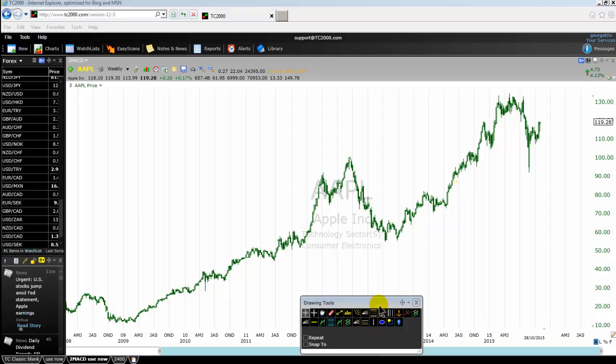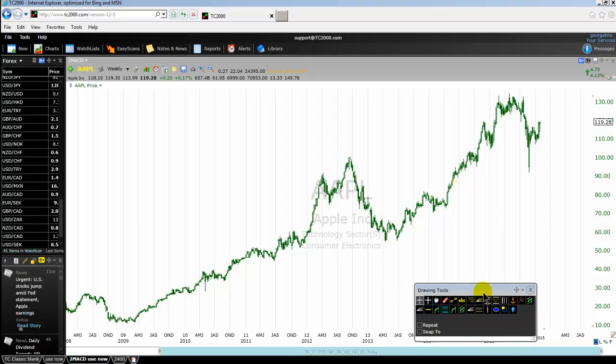Alright, let's get started. We are looking at Apple stock, Apple computer stock, on the weekly chart. Looking at this chart, this is what we call a naked chart. There is not much information that we can get out of a chart like this.